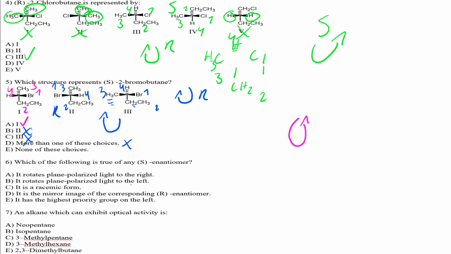Now, 6. Which of the following is true about the S enantiomer? So whenever you're doing enantiomers, it means that it has to be chiral. And if it's chiral, that means that it has to be bending light. So for sure, it's going to bend light.